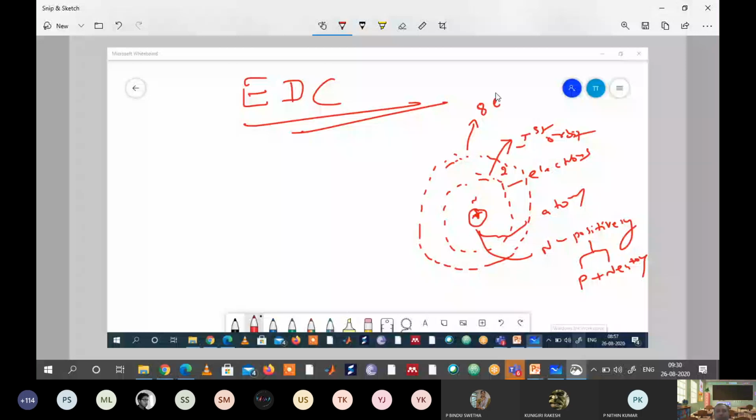As you move further away from the nucleus, you have various orbits. If you draw a curve like this, the structure is called the nth orbit, or the last orbit.